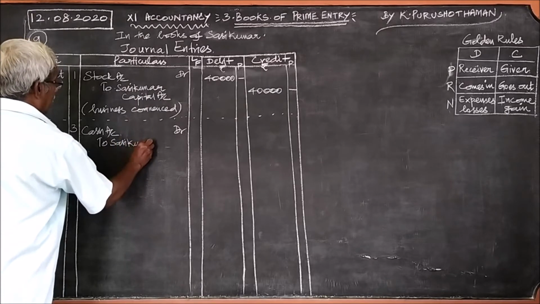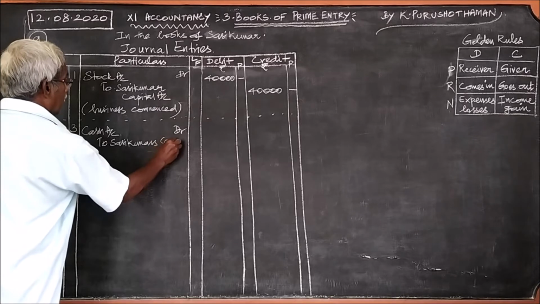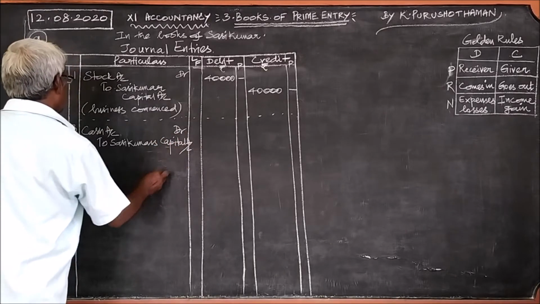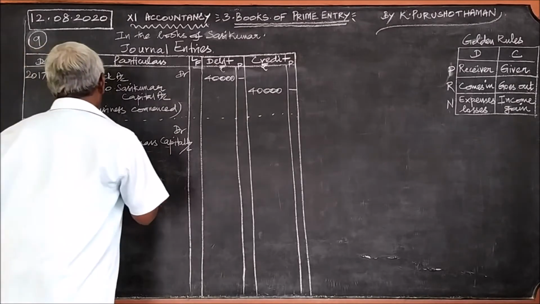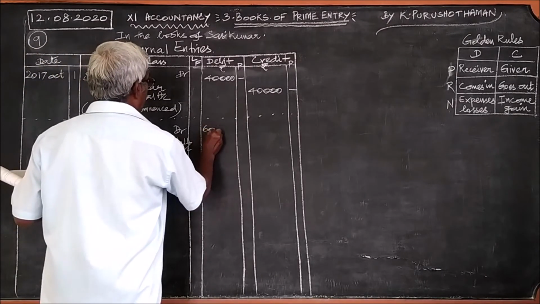Sasi Kumar capital account. The amount is 60,000.